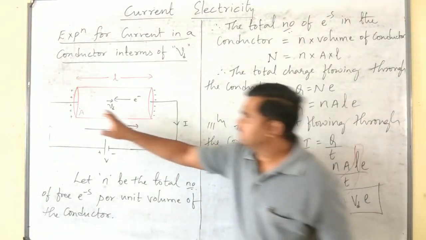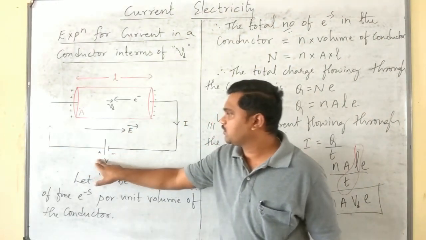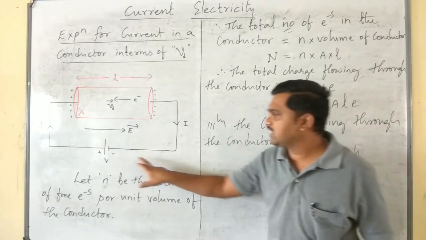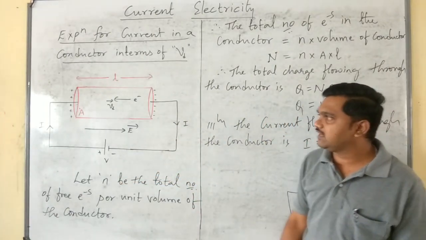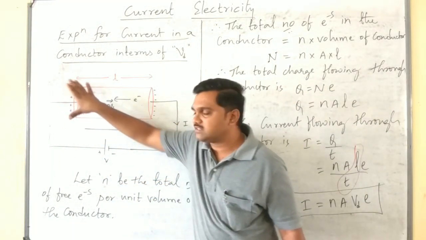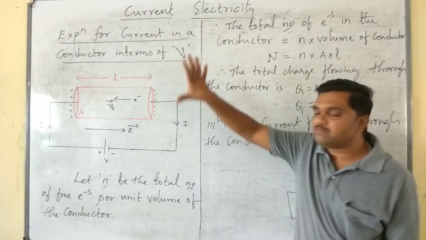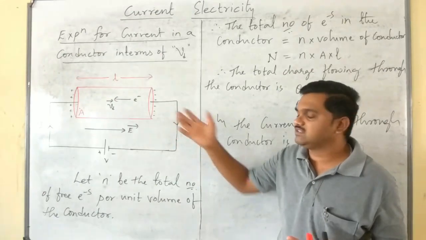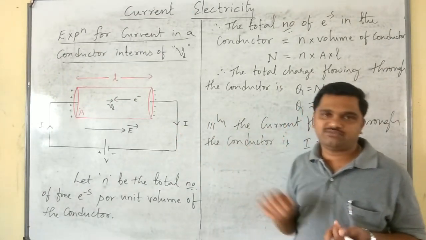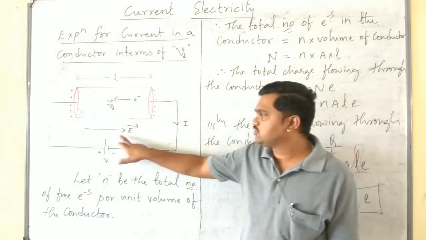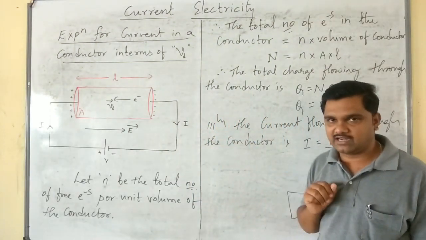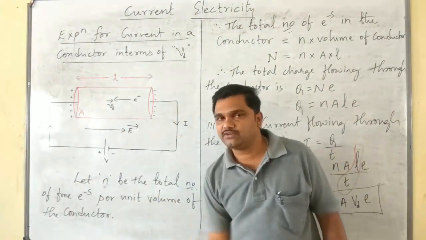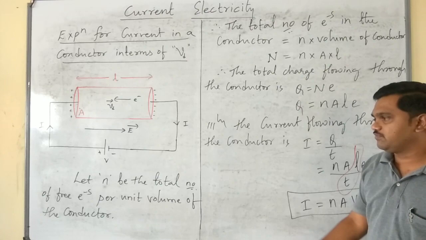When the left side of the conductor is connected to the positive and the right side to the negative terminal of the battery, this end will be at a positive potential and this end at a negative potential. As we know well about the drift velocity, the direction of drift velocity is always opposite to the direction of applied electric field. Hence, the electrons will drift opposite to the direction of E.